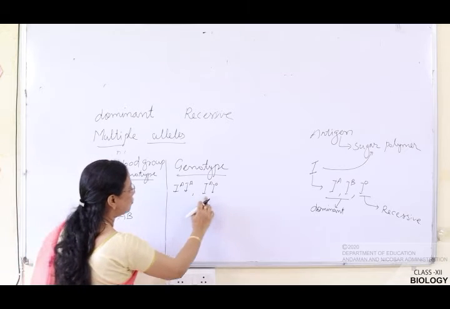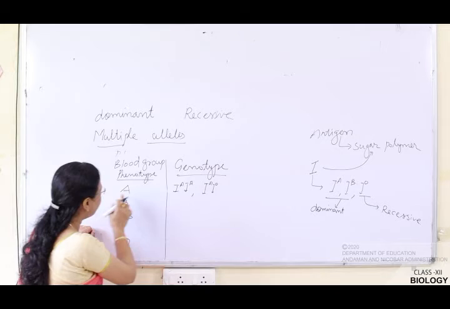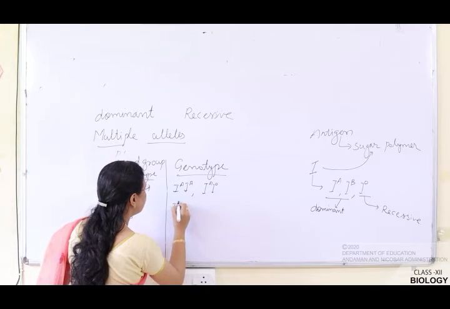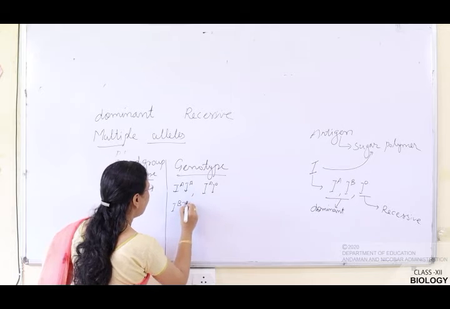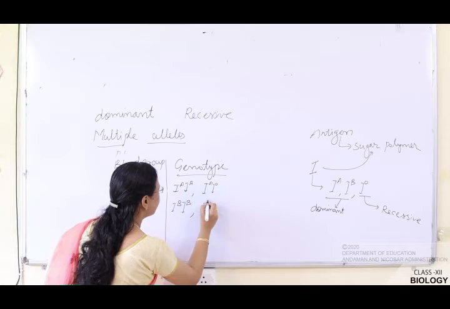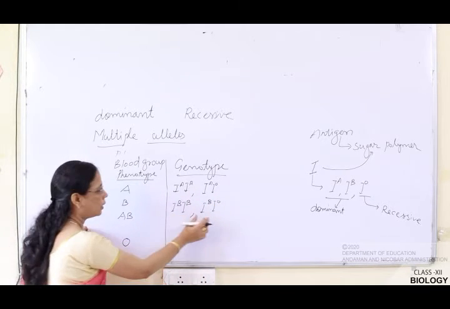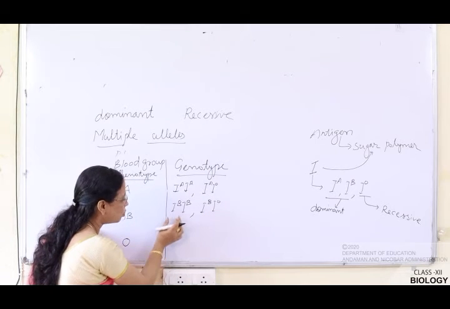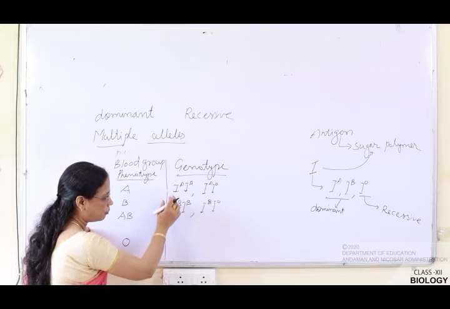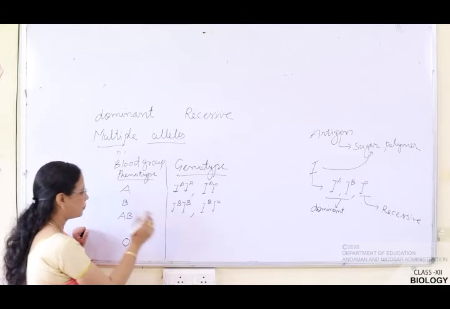This is homozygous and this is heterozygous, and it forms the blood group A. Similarly, here you can see IB is one option, and there is heterozygous IB, I0. It is homozygous alleles, it is heterozygous alleles. So in this form also, this blood group is formed.